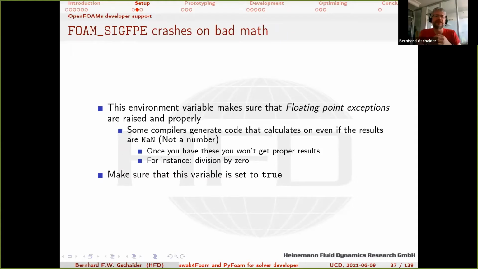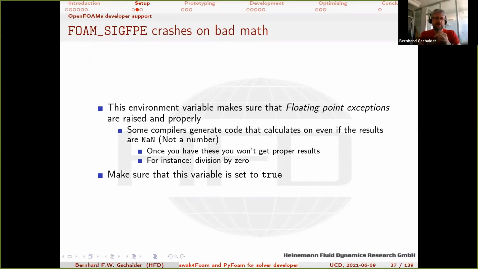Then also, I think nowadays this is set up per default in most OpenFOAM versions. That's the environment variable FOAM_SIGFPE, for floating point exceptions.